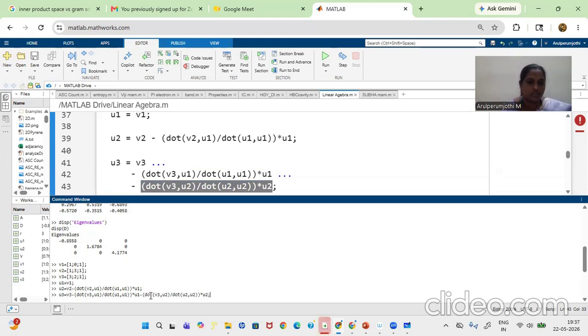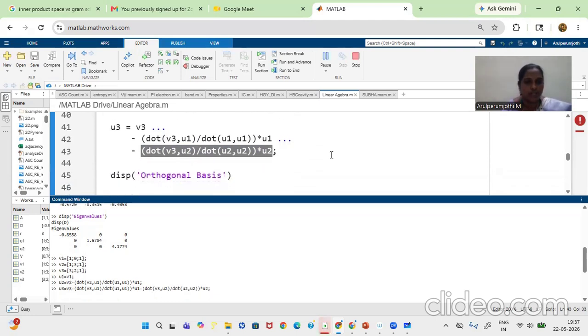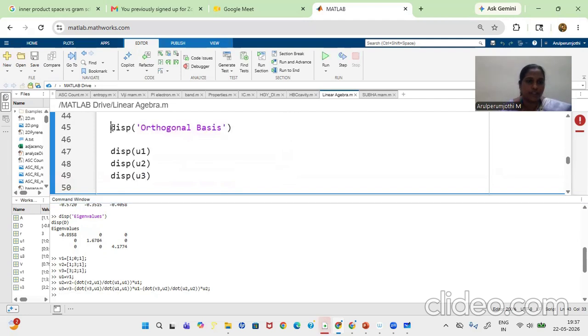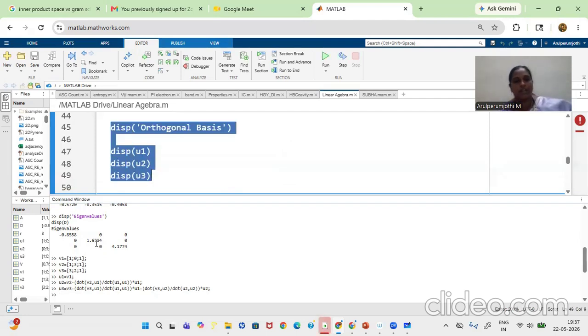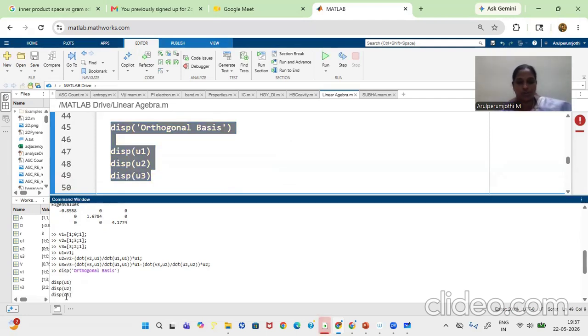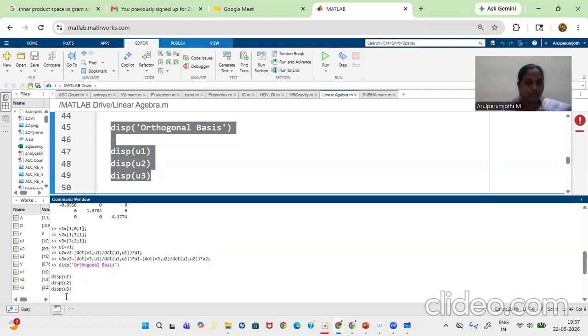Put a semicolon. So we have fed the three orthogonal basis formulas. Now we'll ask for the answers. Display orthogonal basis, and it will show you the answers.